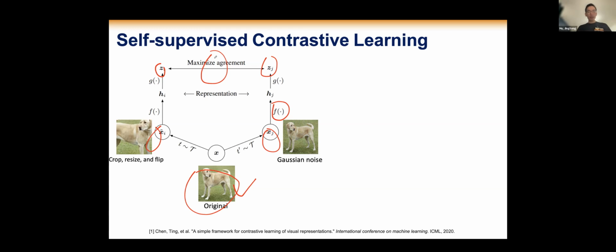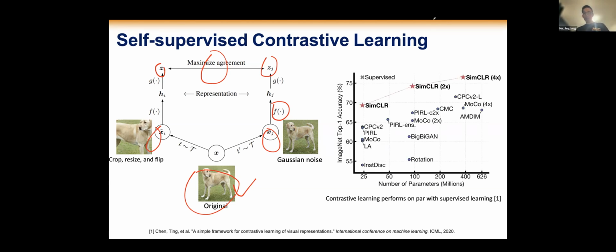Surprisingly, this kind of unsupervised learning with a limited number of labels can achieve very good performance. You can see that SimCLR, this is one type of contrastive learning, can achieve accuracy very close to supervised learning.